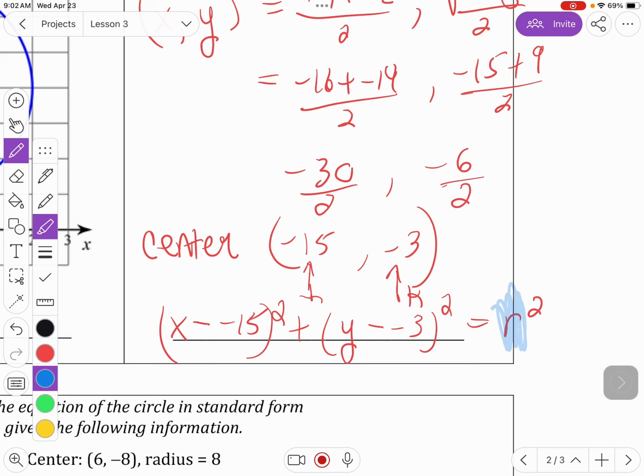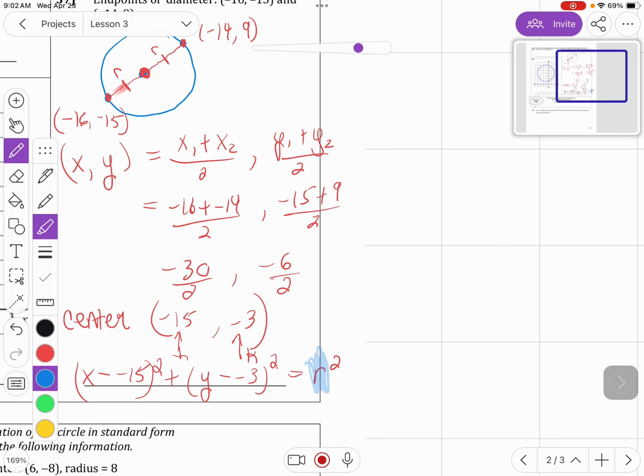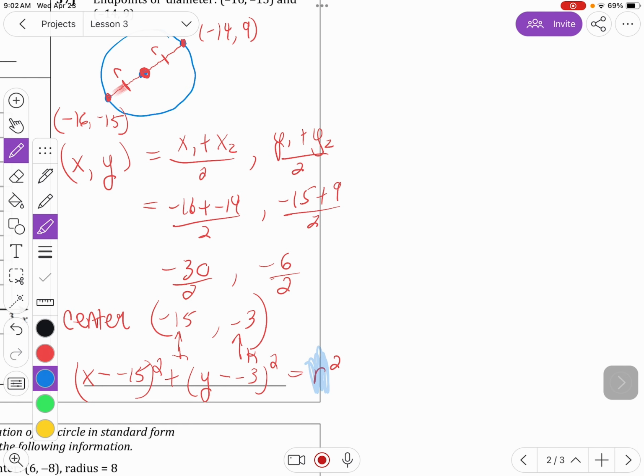Well, I'm going to compute it using the distance formula. So the distance of what? Well, it's going to be the distance from the center. That's why I did the midpoint first, because I want to use the center and one of those endpoints. I'm going to use this endpoint.